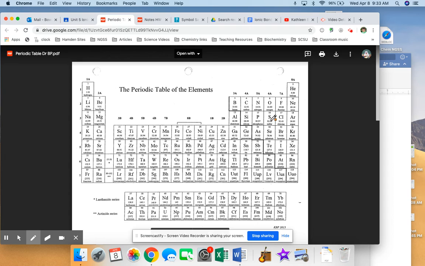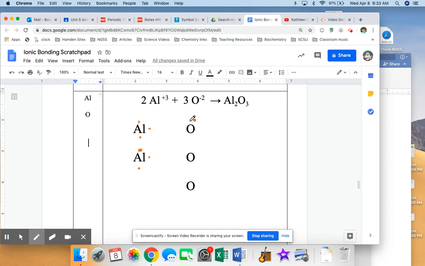Oxygen is here in the 6A, so it needs 6. 1, 2, 3, 4, 5, 6.